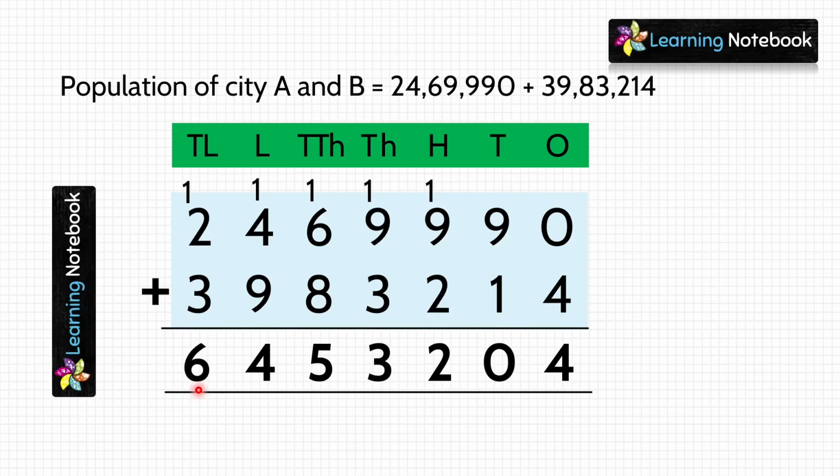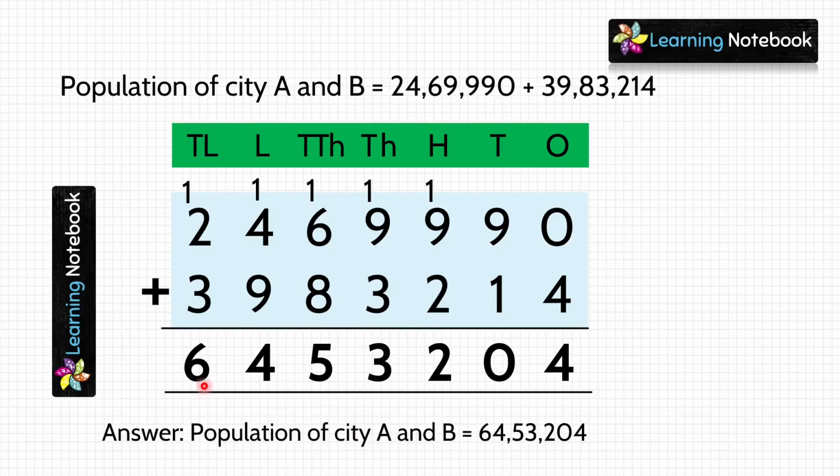So this is our answer, 6453204. Students, in the word problems, make sure to write the answer statement also. Population of city A and B equals 64,53,204.